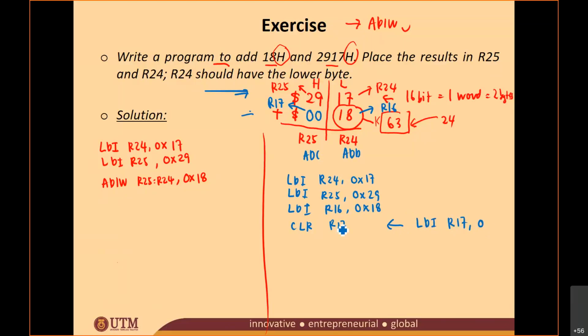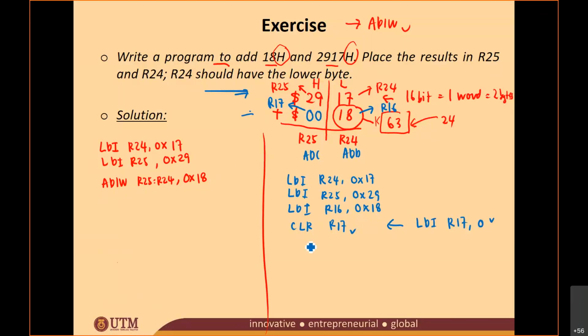Also the same, equivalent. Whichever you want to use. As long as your R17 is 0, you can use either this instruction or that instruction. Both produce the same result.